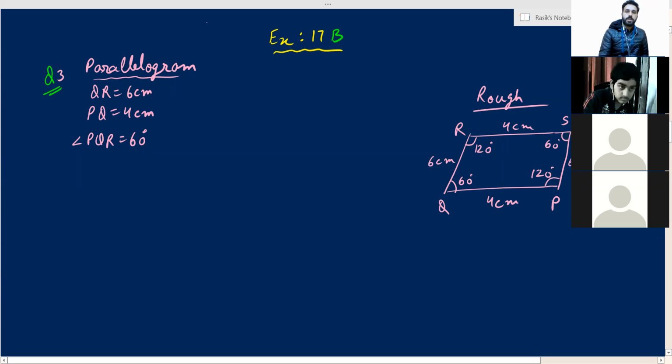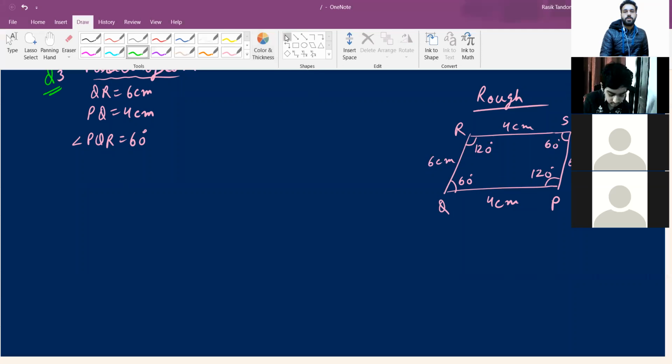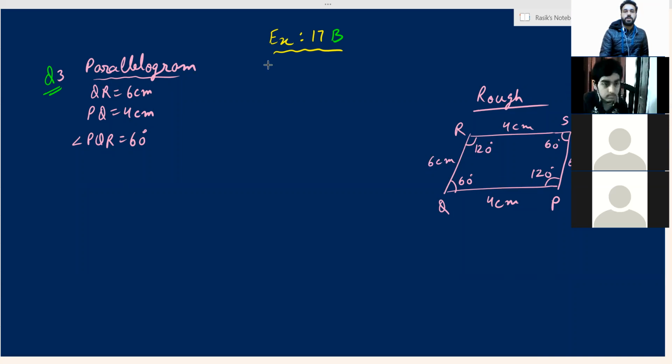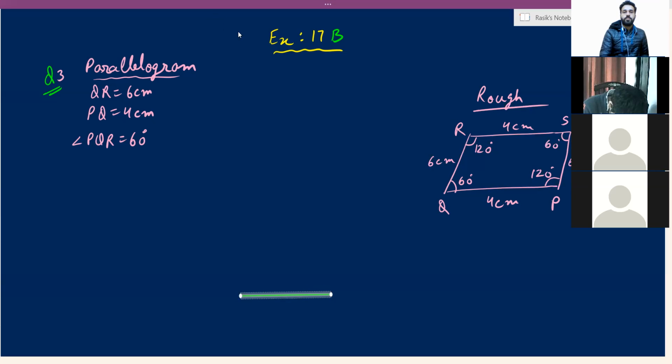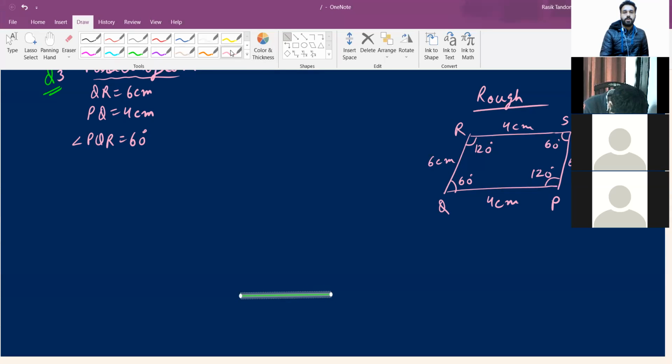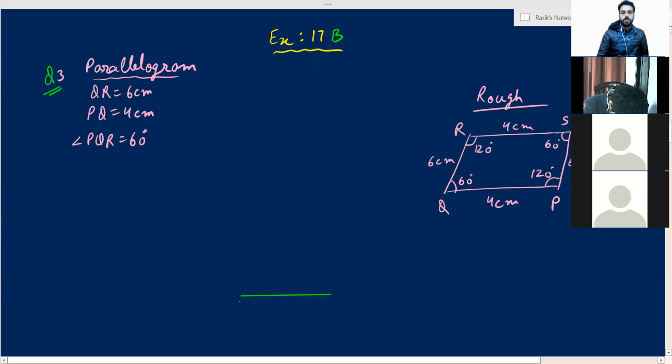Let's start constructing the parallelogram. So we know too much information about the parallelogram. So this is QP, PQ, whatever you like to say.